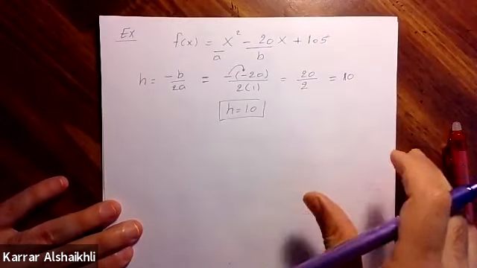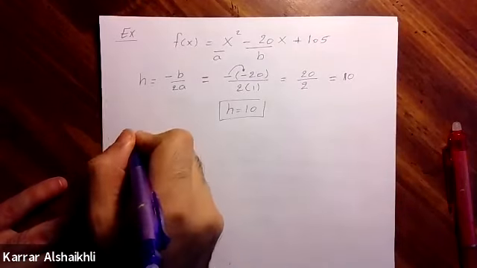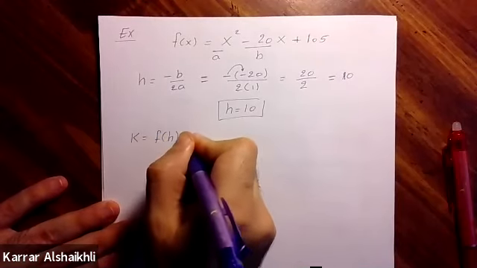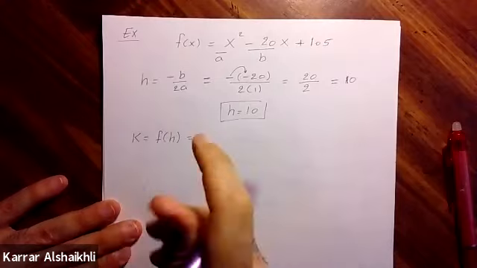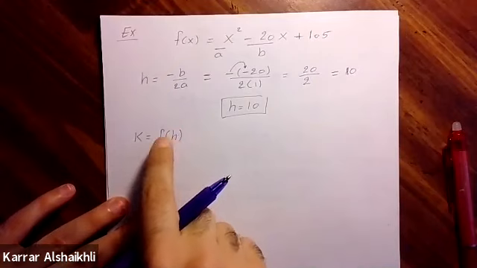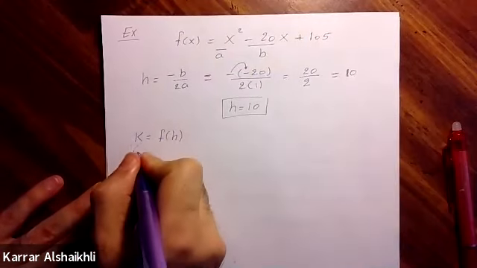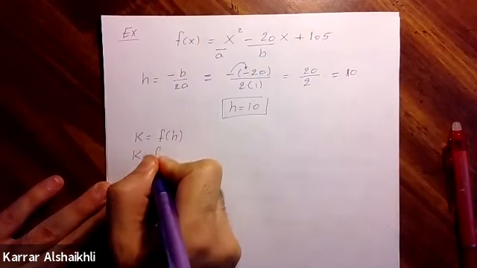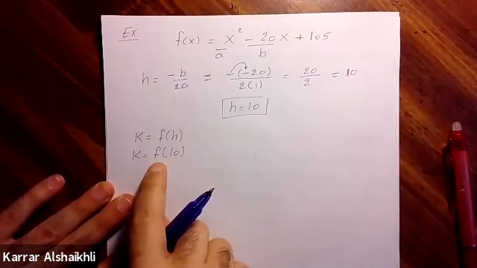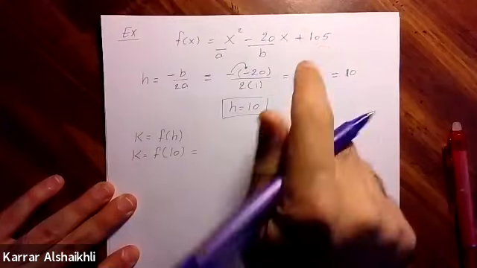Now I need to find the k. Using the formula, k equals f of h. That means you're going to plug in h into the f function, because k is equal to f of h, which is f of 10. That means I have to plug in 10 instead of each x.